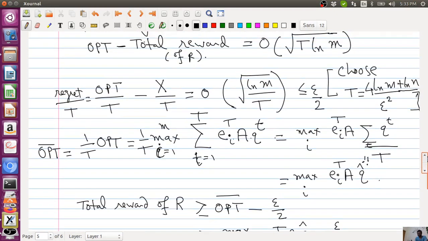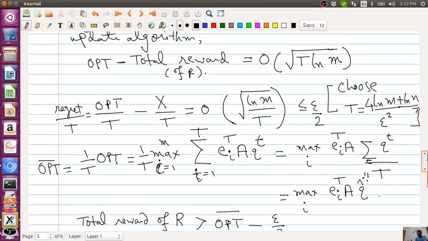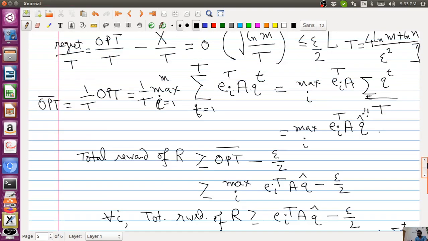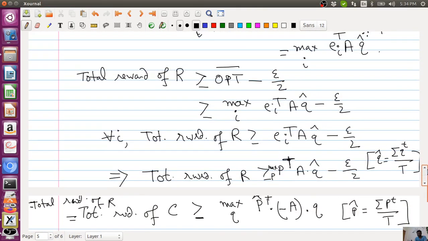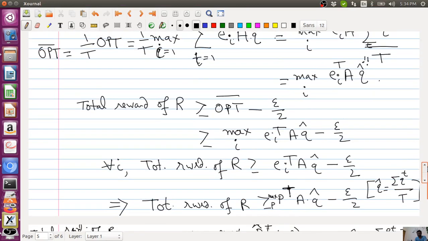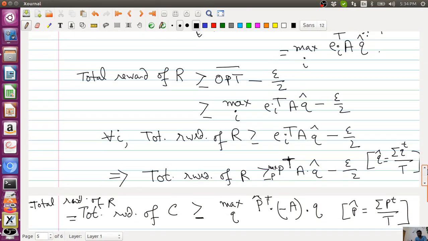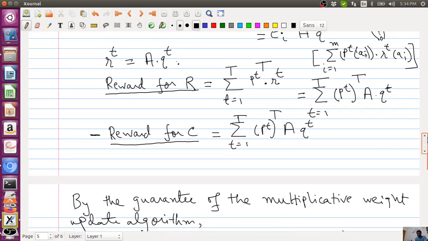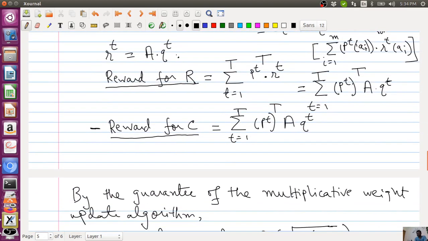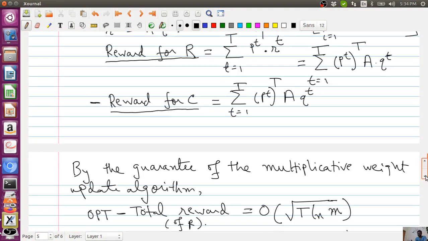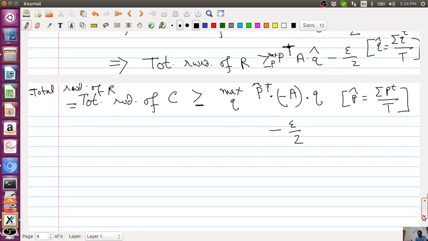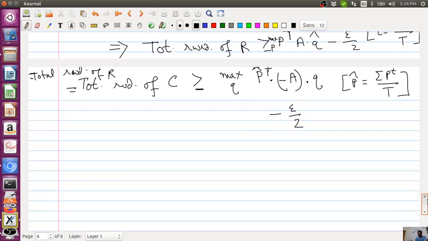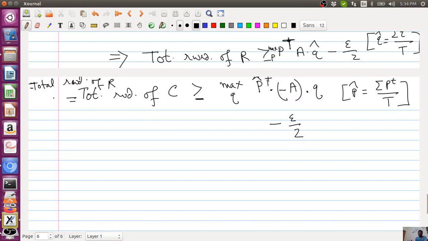So let's look at the expression of the total reward of R. Where did I write that? Yes, here. It's the sum over t of P_t transpose A Q_t, and for C you will just replace A by minus A, because that is the payoff matrix for C. Then you multiply both sides by minus 1 and reverse the inequality.